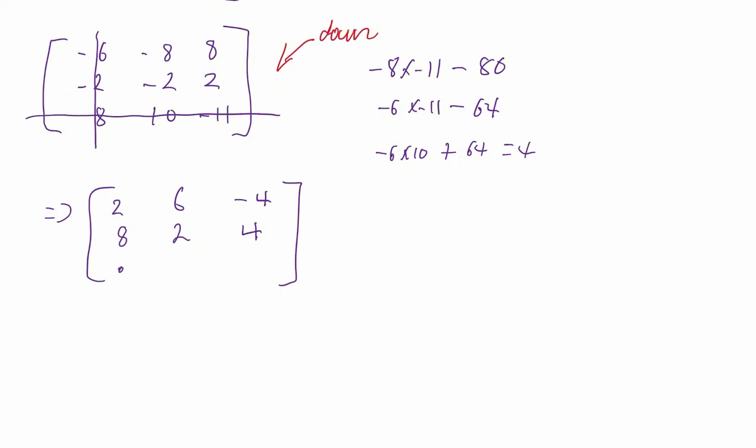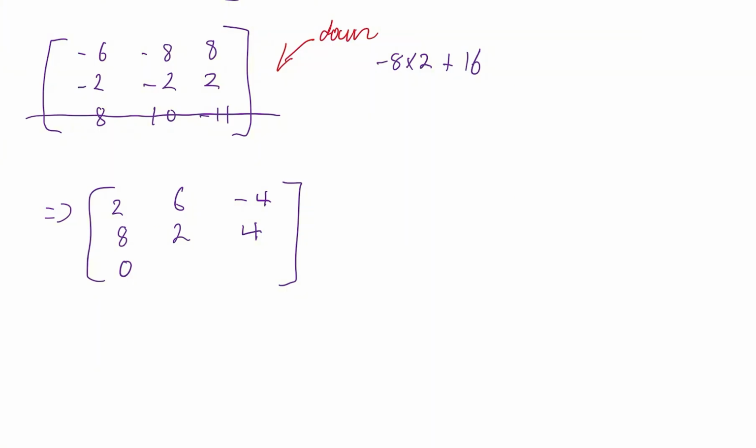To find this entry, we go minus 8 times 2 plus 16, which is going to just simply give us 0. So we can see that this entry will be minus 6 times minus 2 minus 8 times minus 2, which if you work all that out will become 4.